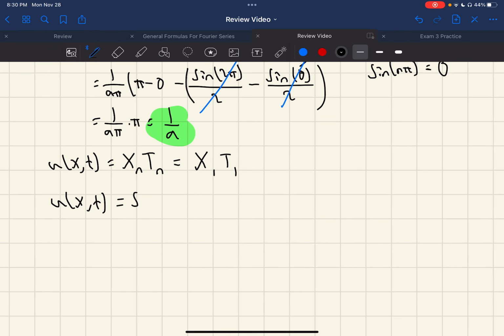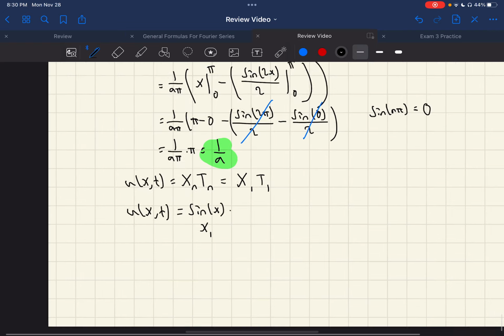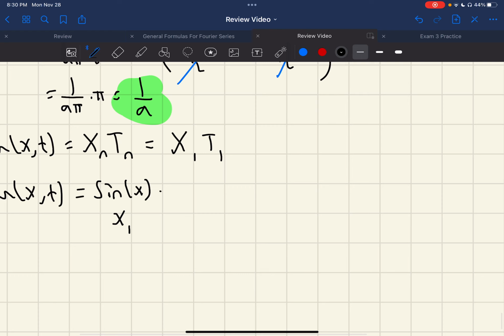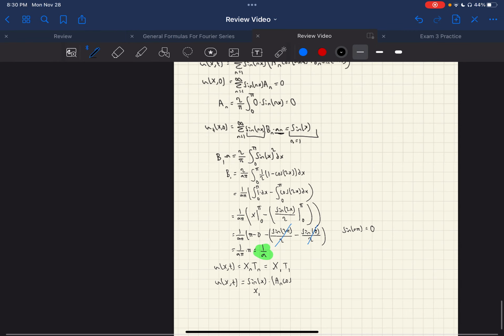So we have our sine of x, which is our x1, times our t1. I'll write out the whole thing.